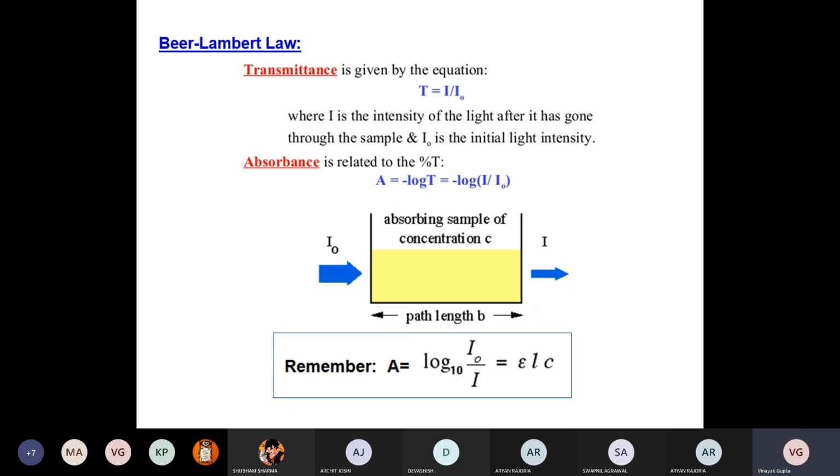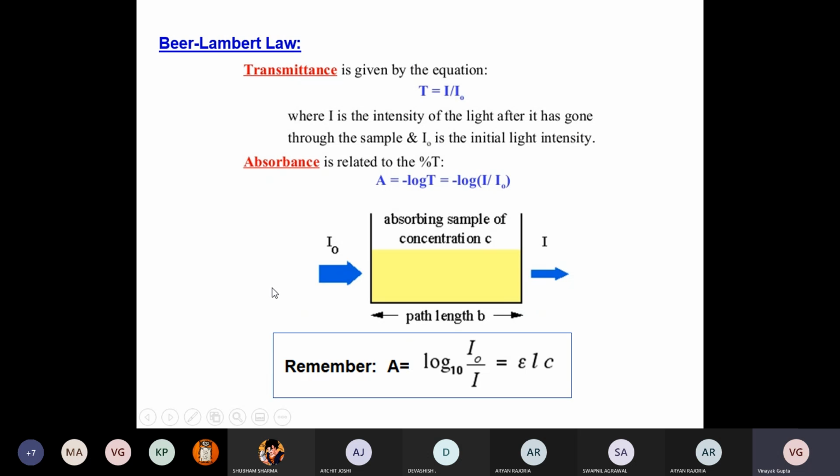Second, there is a relationship between the transmittance and absorbance. Transmittance is given by the equation I by I naught. Maybe you can note down these formulas. We are going to solve some of the numericals. The relationship between the absorbance and transmittance is A is equal to minus log T, where T is I by I naught.